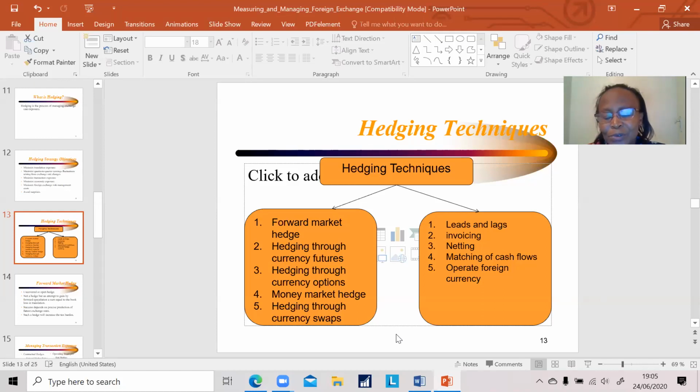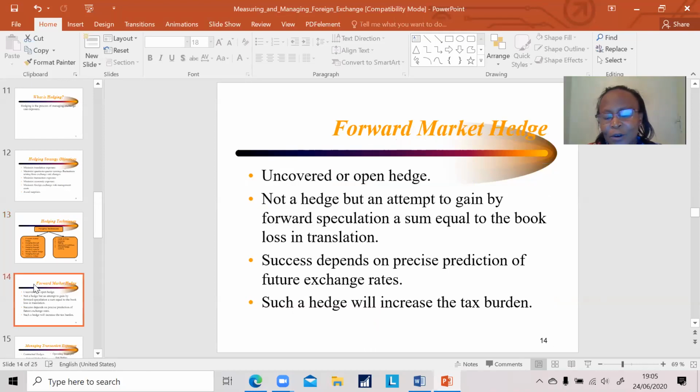At what rate will you use to buy them from me? Then you agree on a rate, it's a contract. You agree on a rate, which is binding. Then when the time comes, you are paid the 10,000, you go to the bank and exchange at the agreed rate. So when you talk of forward exchange rate, we mean a rate agreed now to be exercised in future.